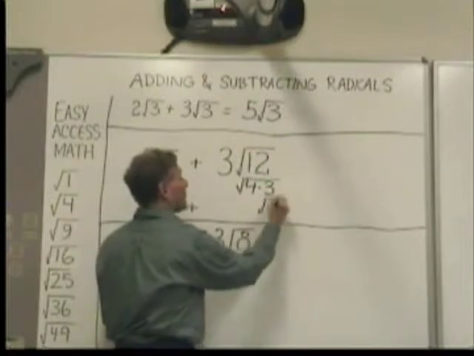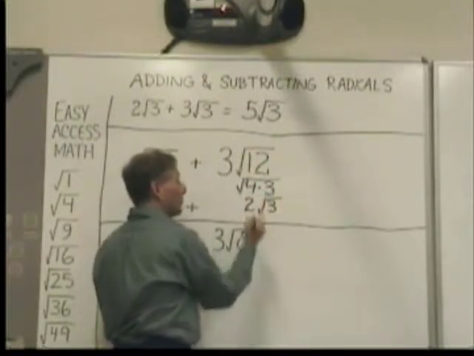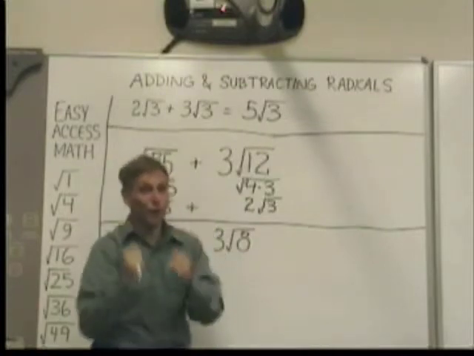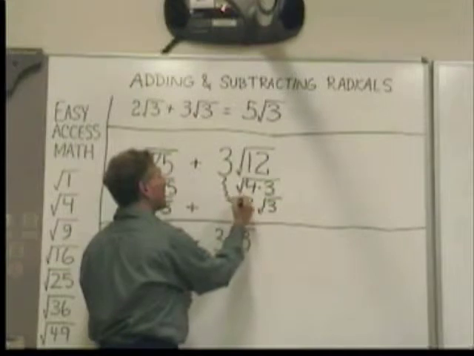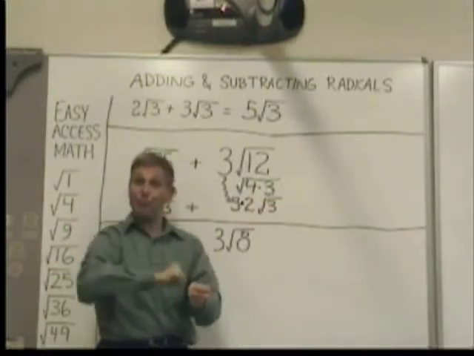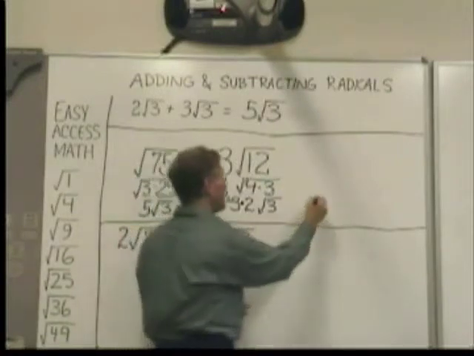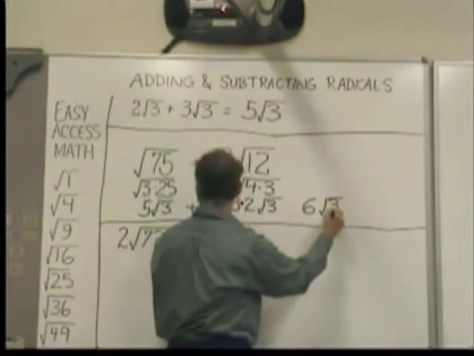The 4 comes outside as 2, the square root of 4. And now I'm going to bring down the 3 that was already there. And that's going to multiply by the 2 that I just brought out, giving me 6 radical 3.